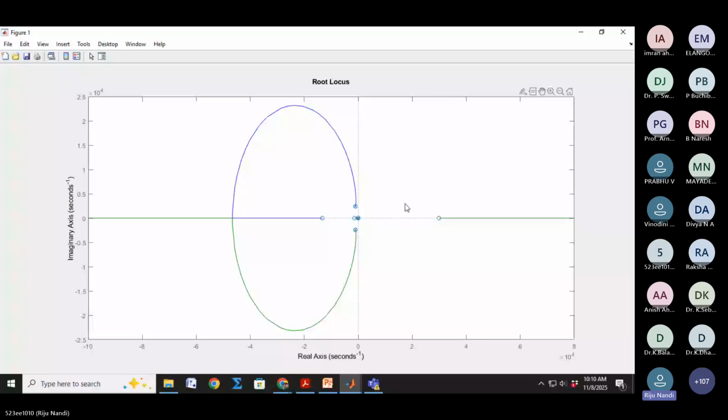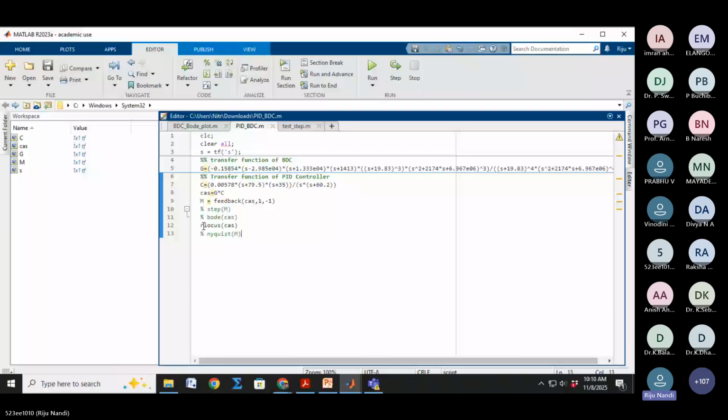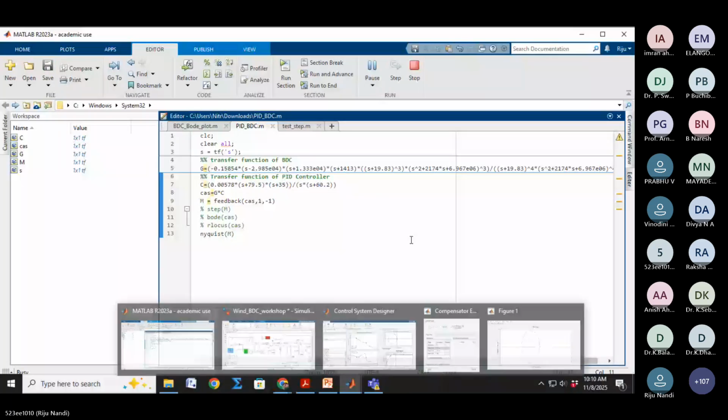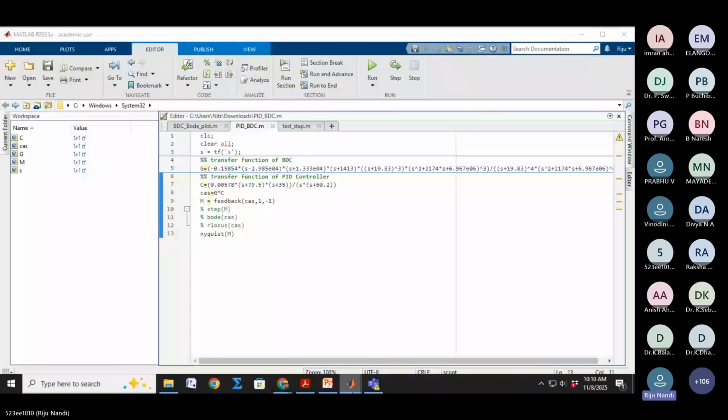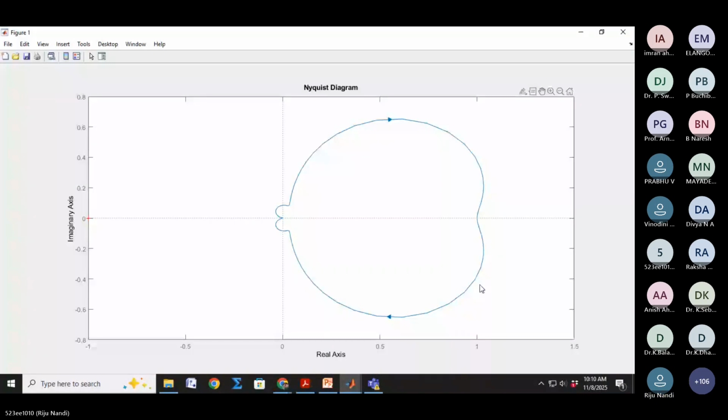Then go further to the Nyquist plot, Control R and Control T. After running, you can see this is the Nyquist plot. I have covered this. This is a stable transfer function I have done.